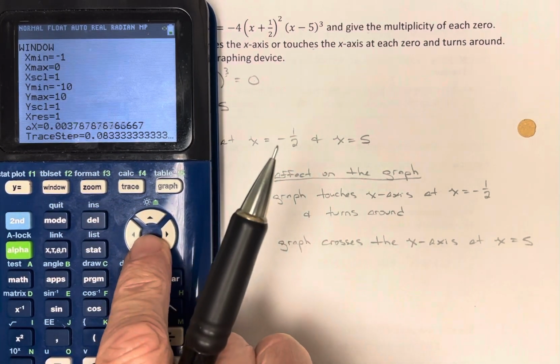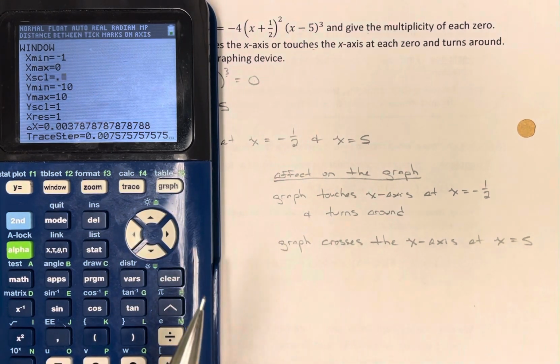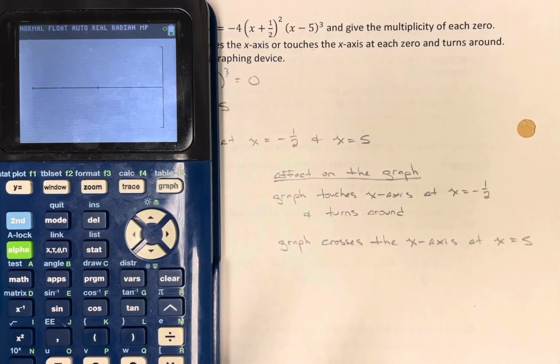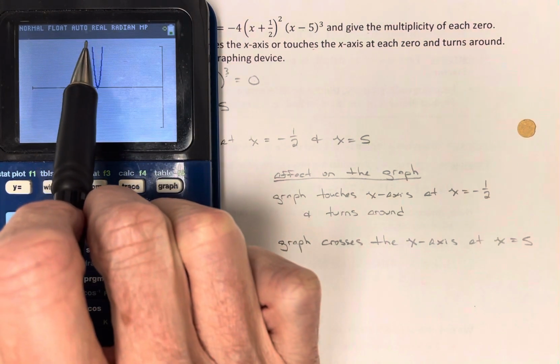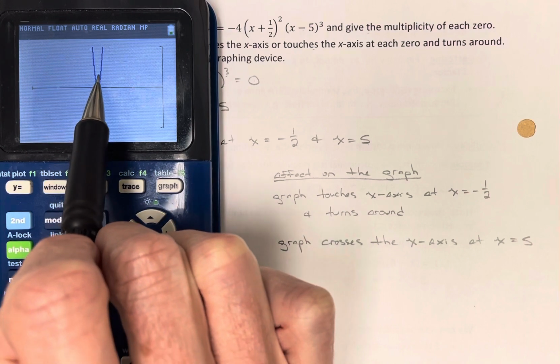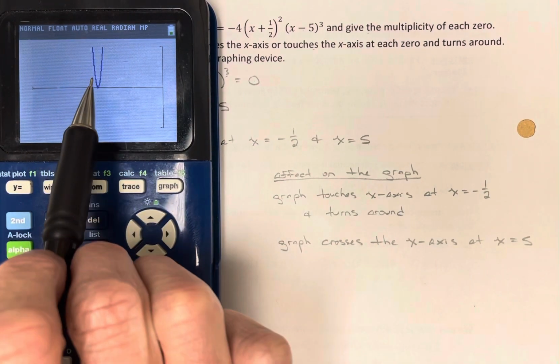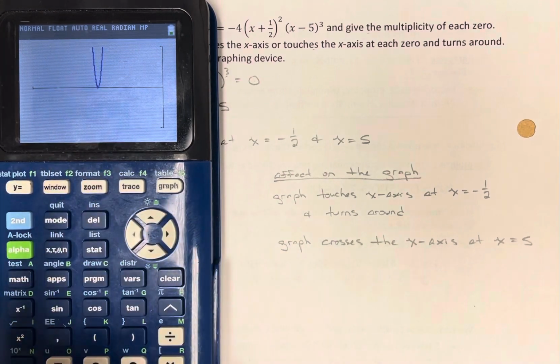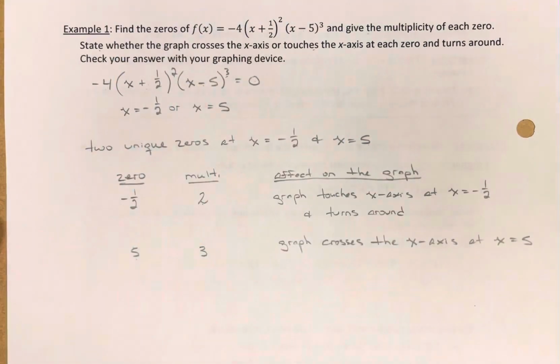That's a pretty tight zoom in, and I'll count by halves. And my y, I'll go from -1 to 1. And there you go. Now you can see the graph coming down, touching at -1/2, and then going back off. So there's your even multiplicity, where the graph comes in and touches and turns around, touches the x-axis.